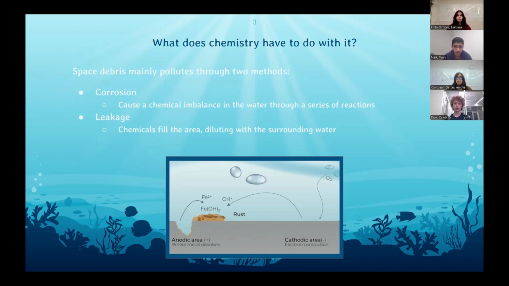Usually, there's bimetallic corrosion, which is basically two metals taking part in the reaction because a metal is plated on top of another metal. Then there's leakages. Chemicals in some of the parts can leak into the water, and it dilutes the water with a few acids or alcohols or any sort of combustible material.